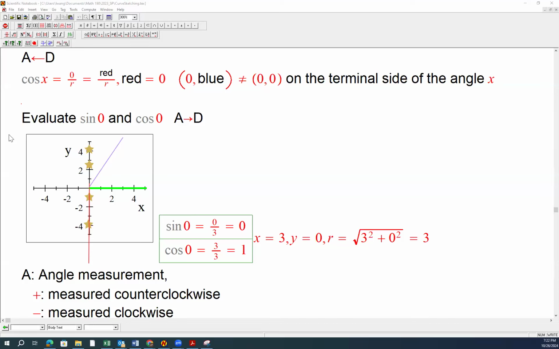I pick any point on the terminal side of the angle. The horizontal measurement, this piece, is red, and the blue is this piece. So this point on the purple is red comma blue.